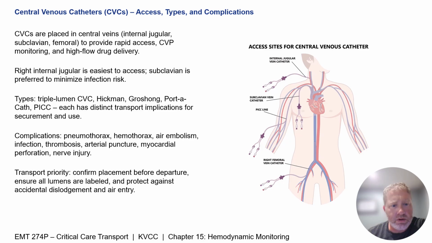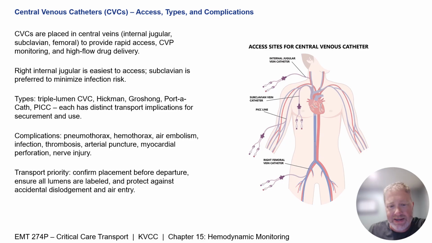There's a number of different types of central venous catheters: the triple lumen, the Hickman, the Groshong, Portacath, PICC lines. Each of those has distinct transport implications for both securement and use. Complications are many. Those include pneumothorax, hemothorax, air embolism, arterial puncture, thrombosis, infection, malposition, many things that can go wrong.